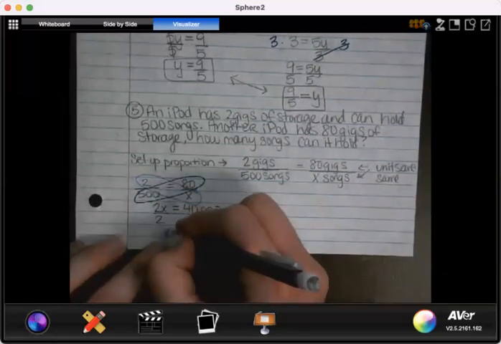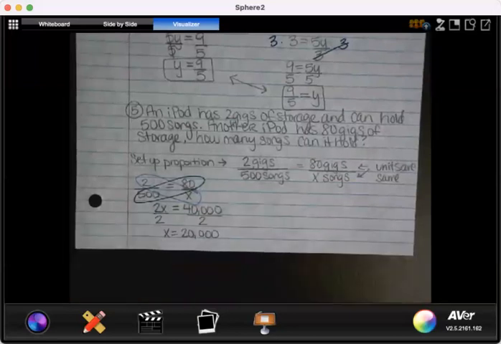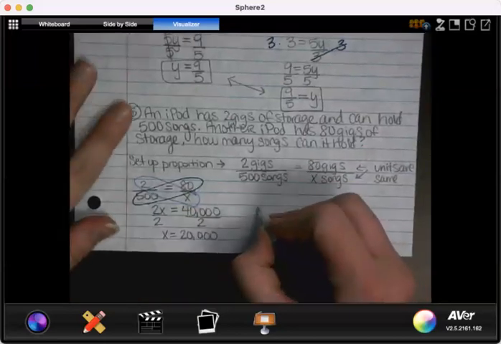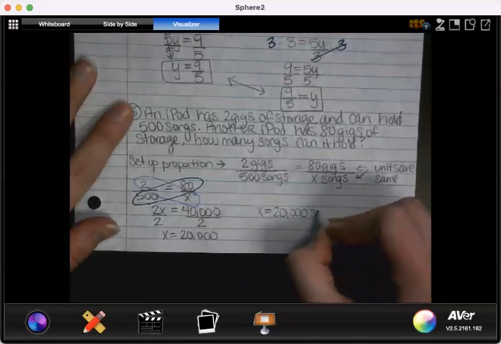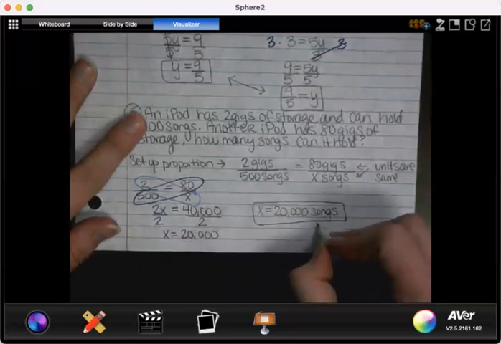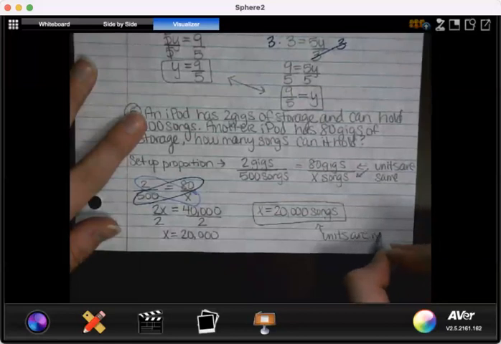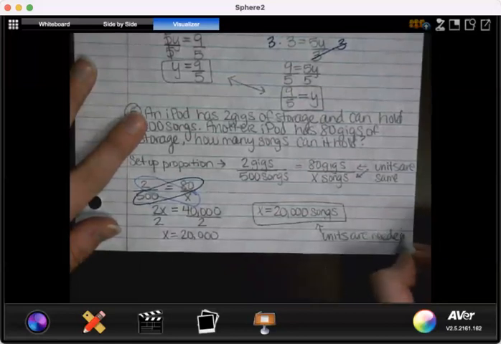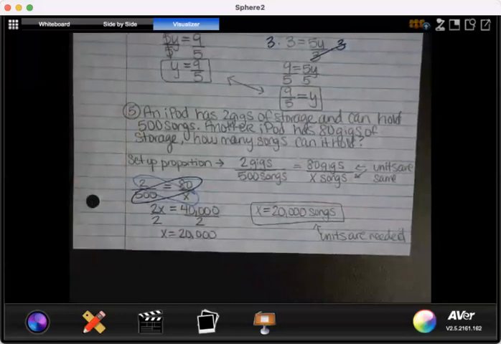So x equals 20,000. Now, because it's a word problem, we do need to make sure we have units. So therefore, x equals 20,000 songs. So again, units are needed. And so that's how we can do a word problem with proportions.